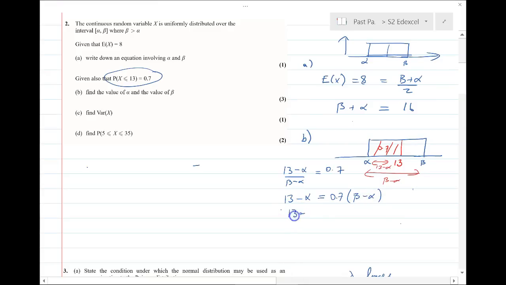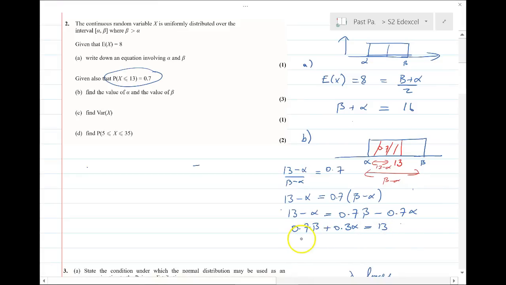So 13 minus alpha equals 0.7 beta minus 0.7 alpha. And taking the alpha over to the other side, that gives us 0.7 beta plus 0.3 alpha equals 13. So it's a simultaneous equation.